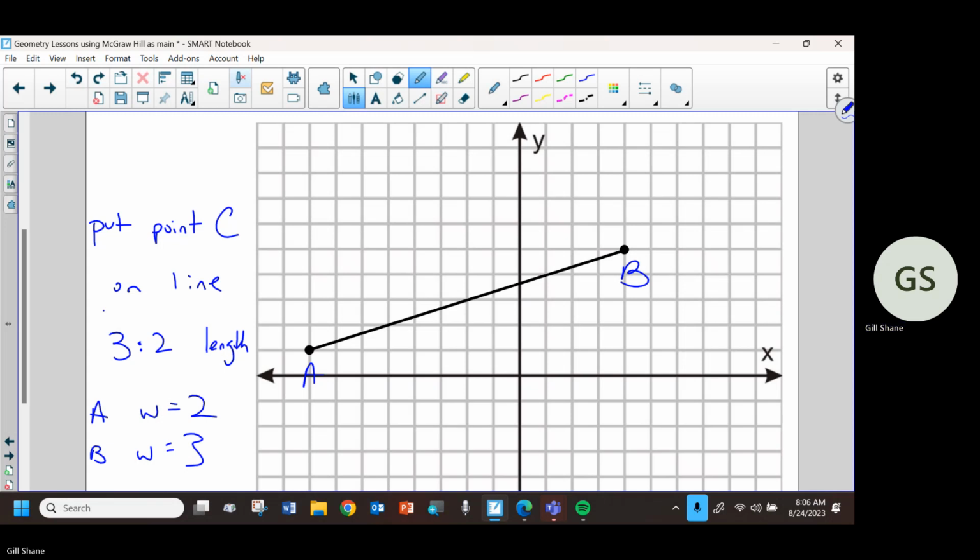Simple as that. Weights pull the point. Ratios are about the length of the segment. And that makes sense because if this is the bigger segment, that means the point would be more over here. Well, that would mean B would have to be the heavier point because it pulled the point in that direction. So all of that makes sense the way I have it set up.